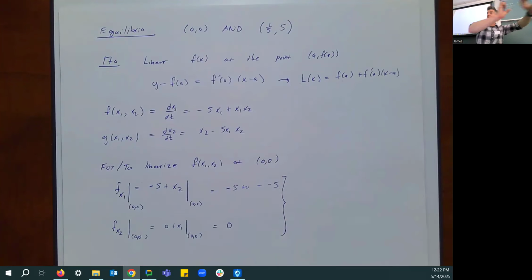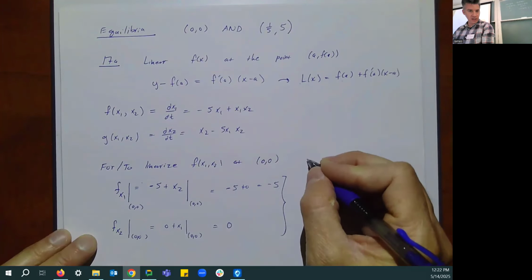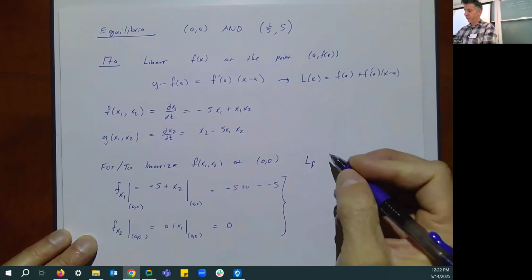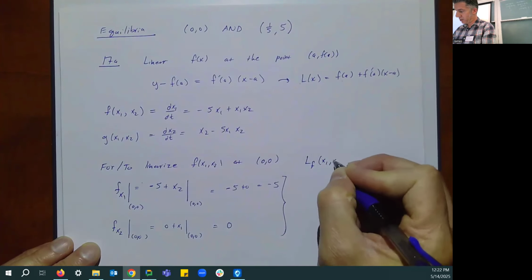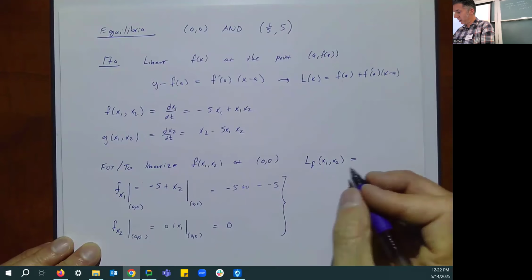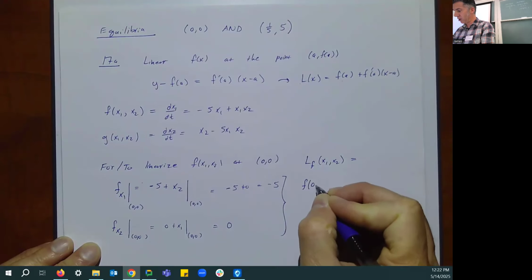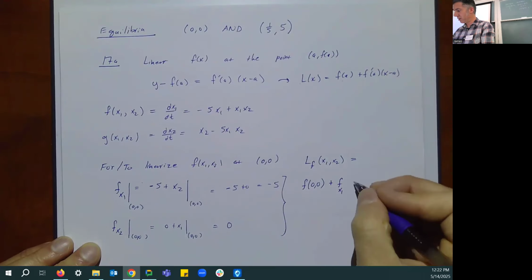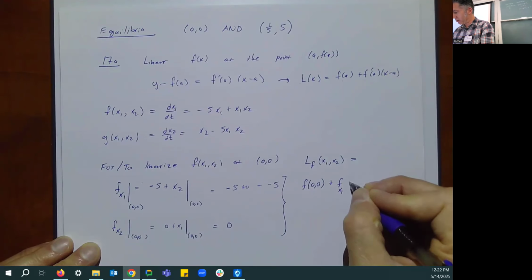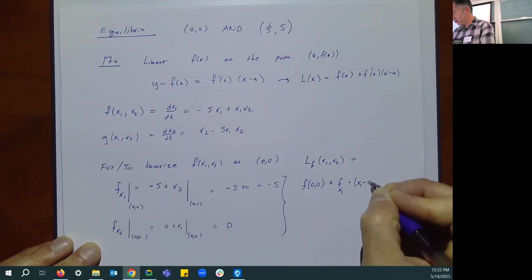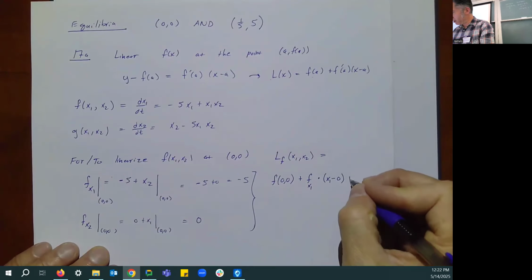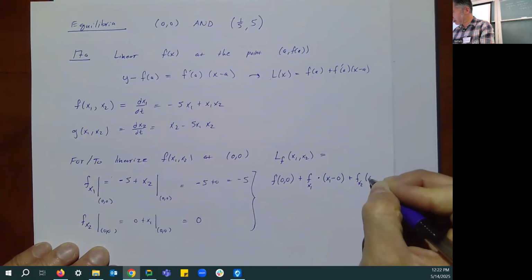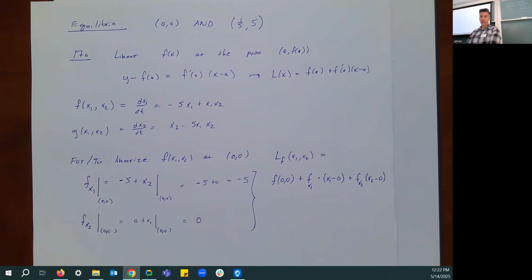We're just going to add on the second piece, so our linearization of f of x1, x2 is going to equal the function evaluated at your equilibrium, plus your partial derivative in the x1 direction times x1 minus the x1 coordinate of equilibrium, plus the other partial derivative times x2 minus the x2 coordinate of equilibrium. So again, it's your point plus your slope times x1 plus your slope times x2.